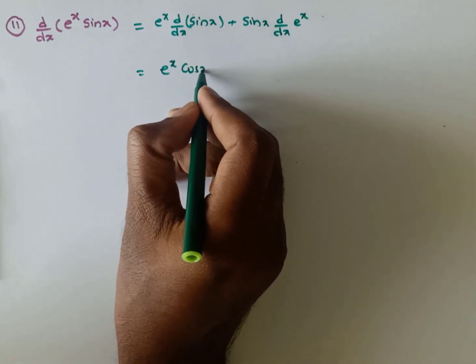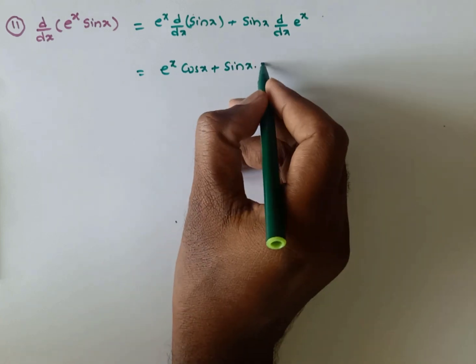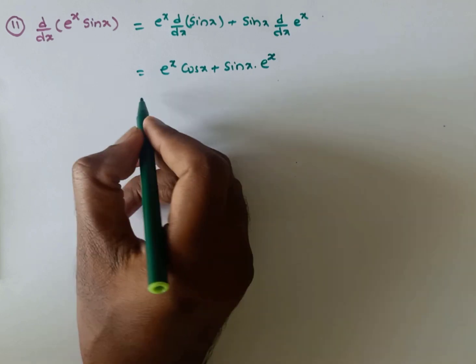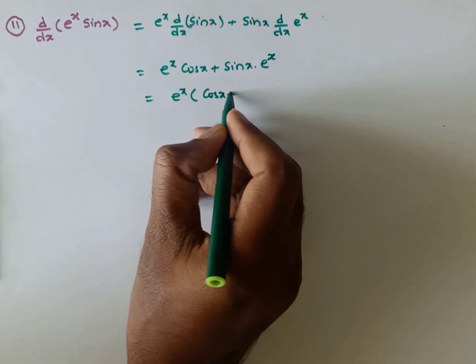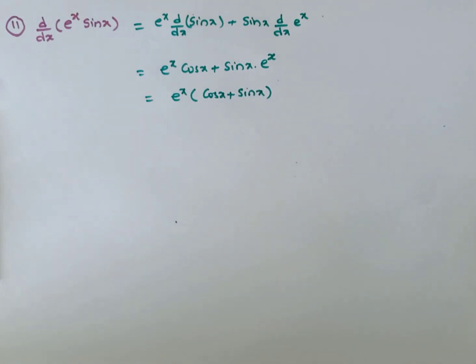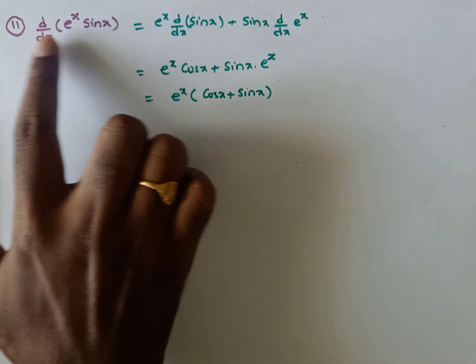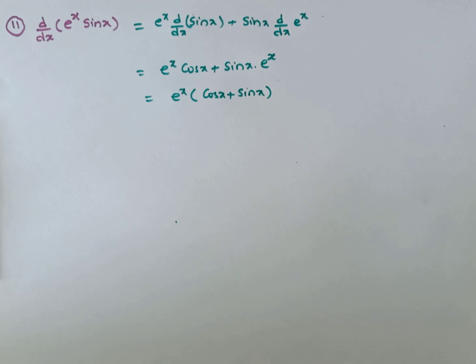Cos x, plus sin x into the derivative of e power x, which we already know is e power x only. So taking e power x common, it is cos x plus sin x. So e power x times cos x plus sin x is the derivative of this. See how we are applying the product rule here.